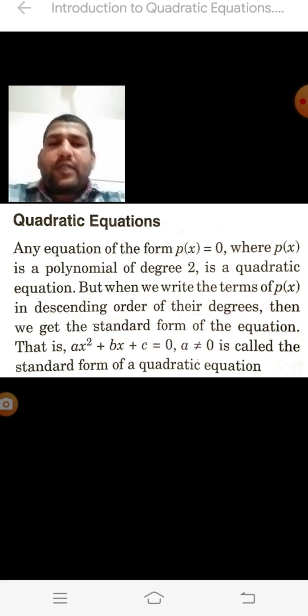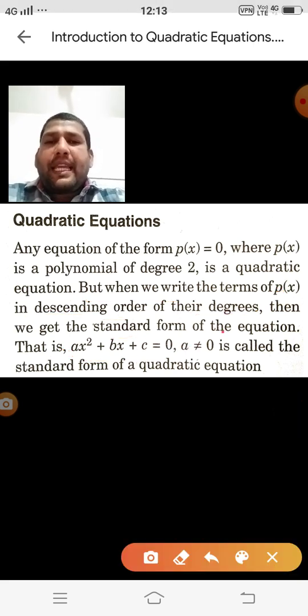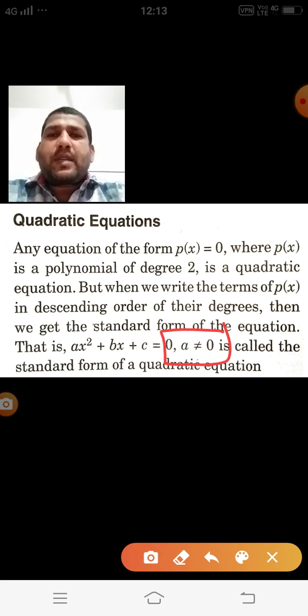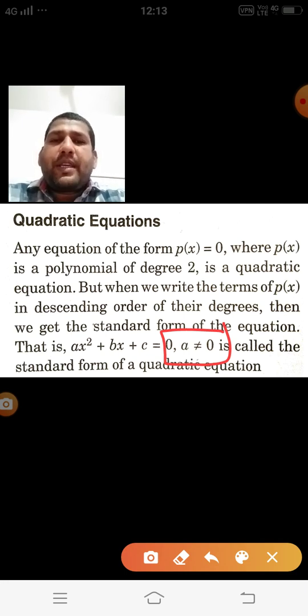You have to remember that a should not be equal to 0. Quadratic equations are of the form ax square plus bx plus c equal to 0, having variable x, and a not equal to 0.